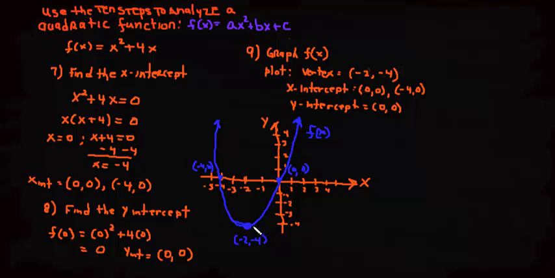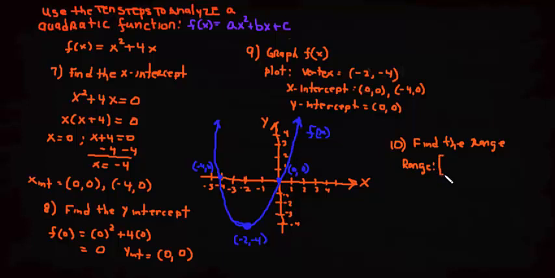Okay. Our last step here is to find the range. And we can see that from -4 to +infinity. So number 10, the range, and we know that that's going to be the y component.